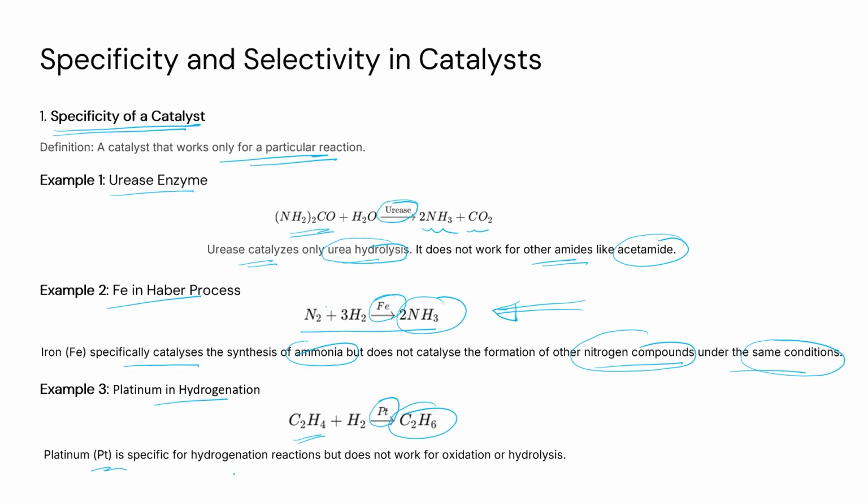So platinum is very specific for hydrogenation reaction. It will be very useful to use platinum surface for hydrogenation reaction, but it will not work for any other reaction. This qualifies platinum to be called a very specific catalyst for hydrogenation reaction. I hope with this example, the concept of specificity of the catalyst is clear.